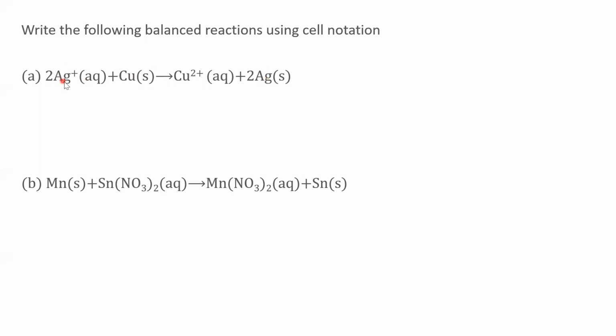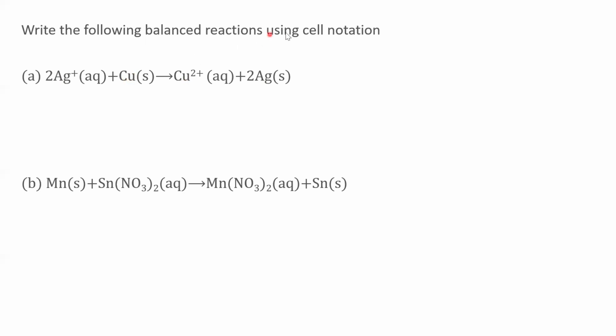That means silver ions are being oxidized. Okay, they're being reduced. I'm doing this backwards. Sorry, +1 to 0. Silver ions are being reduced. Okay, the copper is going from a 0 to a +2. That means the copper is being oxidized.